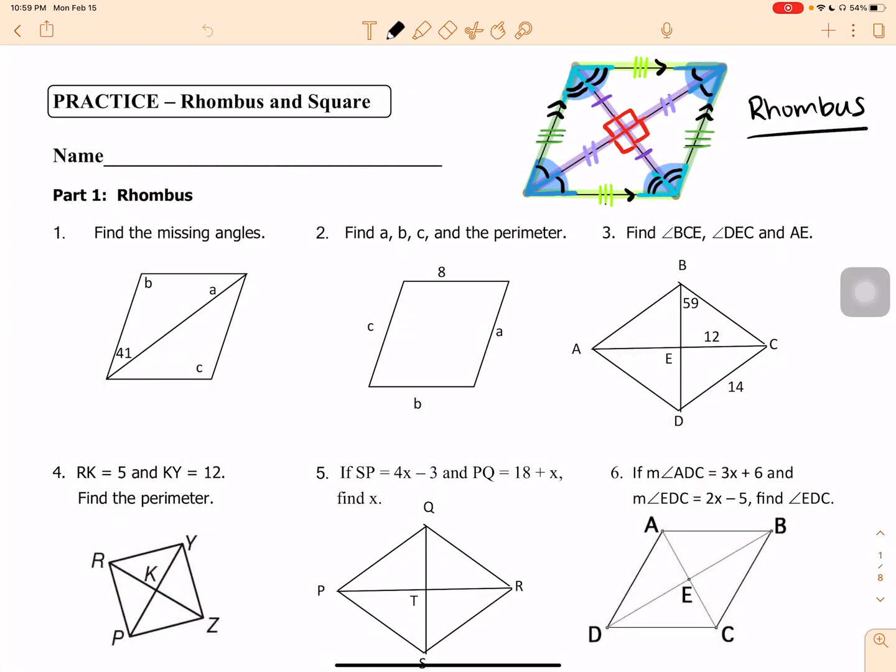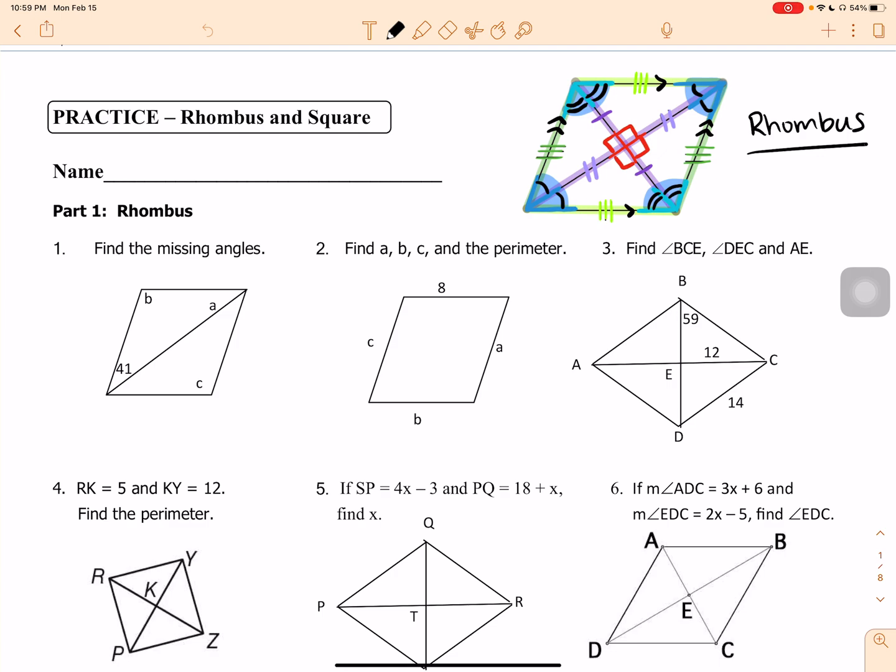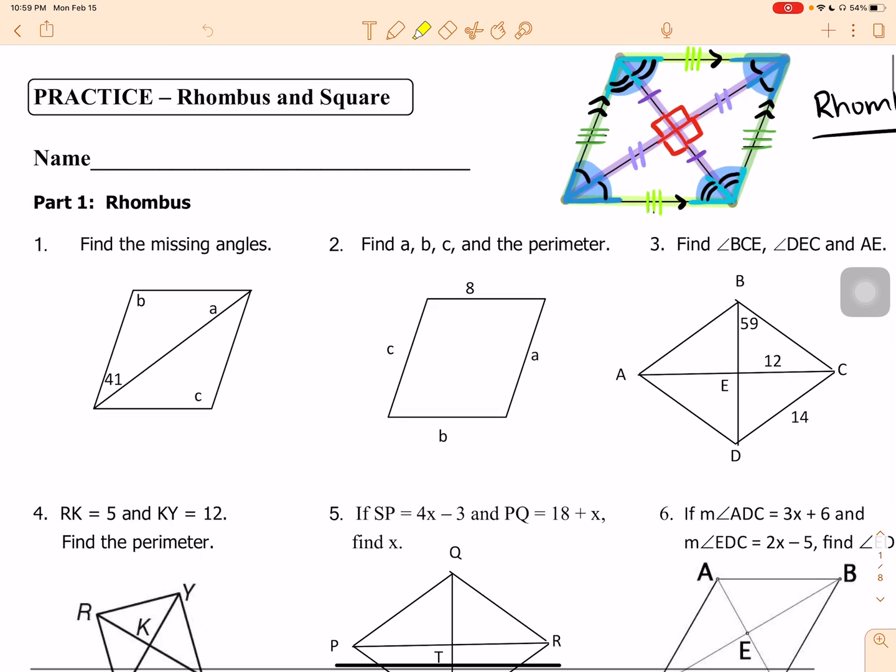All right, so for a rhombus, I'm looking at the angles here. It says find the missing angles for number 1. Okay, so if this one here is 41, it looks like my diagonals bisect the angle, which means that each angle on either side of a diagonal is equal. So if that side is 41, then so is this side.